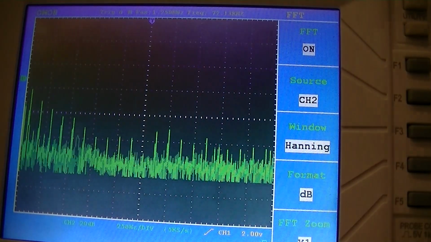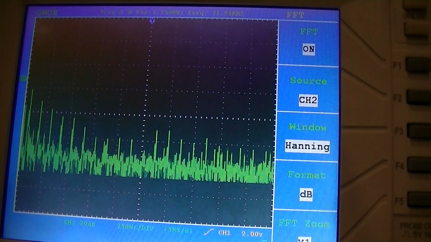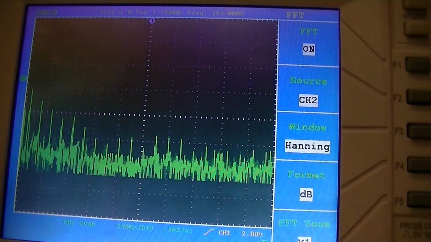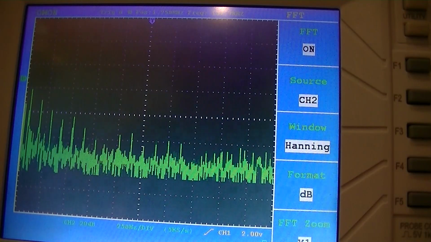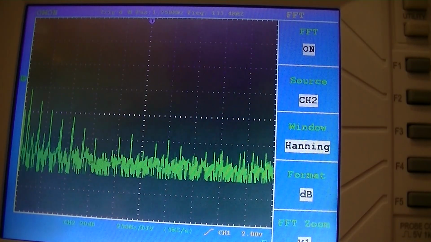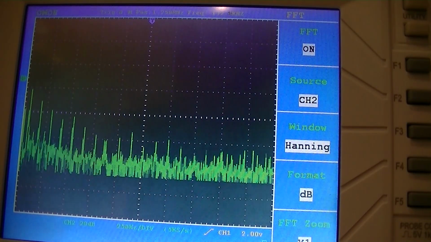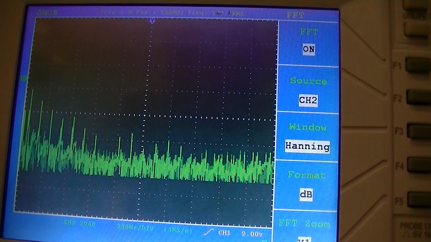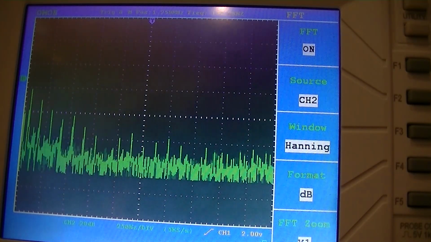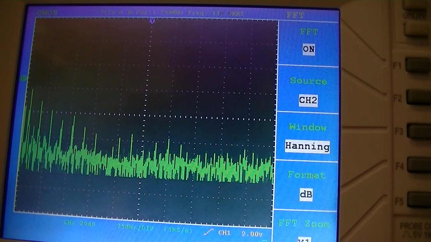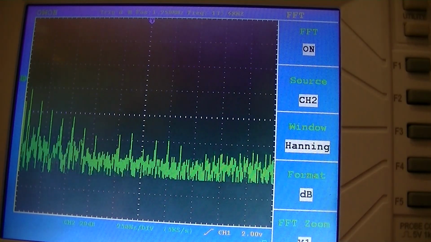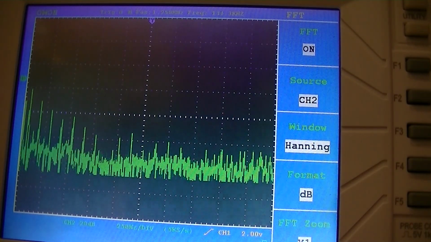I'm going to switch both of them back on together. There we go. So that's our capacitance, with a lot of capacitance on the system. So right now we're looking at a system that has 18 47 microfarad capacitors connected to it.